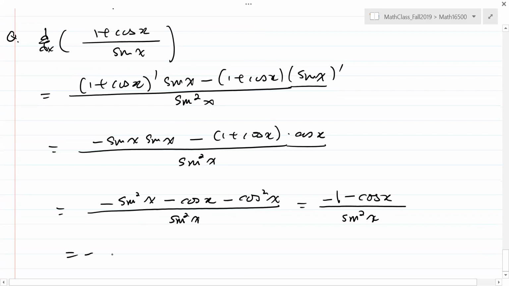So if you take a negative sign out, I just multiply the denominator by negative sine x. Compare with the original expression. The numerator is still 1 plus cosine x. It remains unchanged. It's pretty strange.